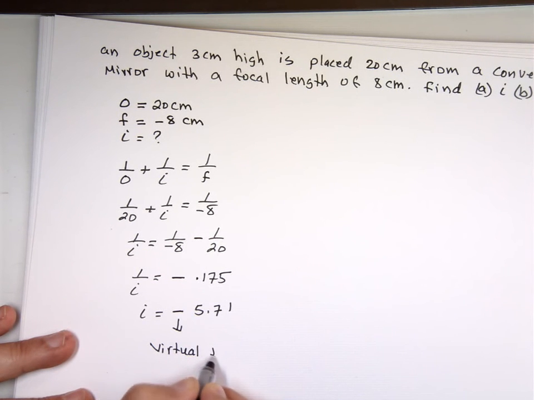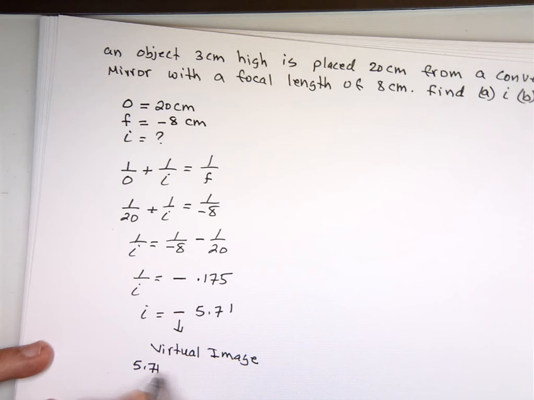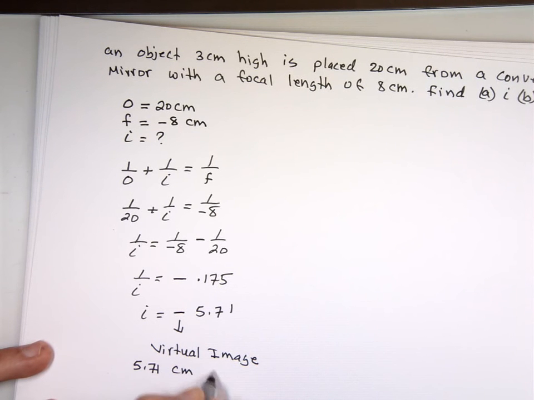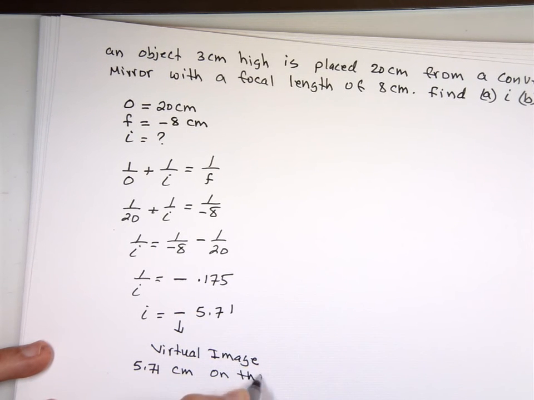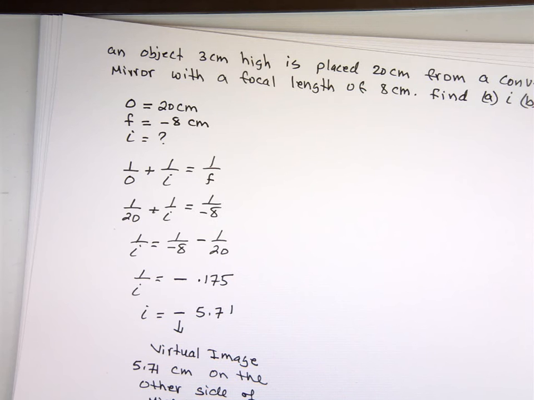It's going to be 5.71 centimeters on the other side of the mirror. If the object is on the left, the image is on the right. If the object is on the right, the image is on the left.